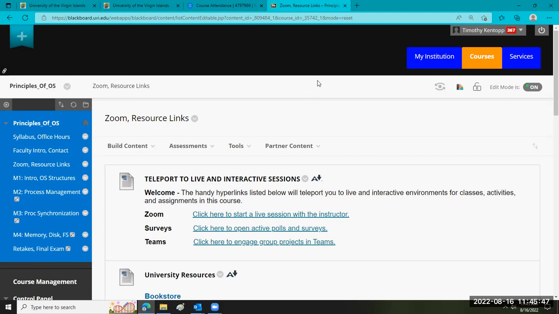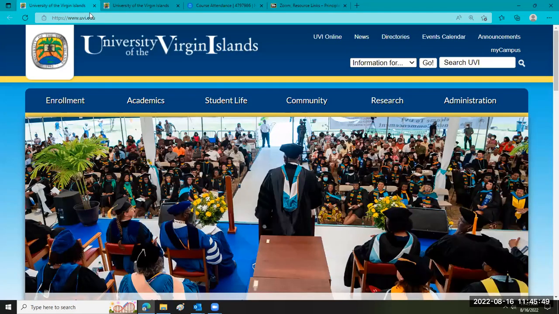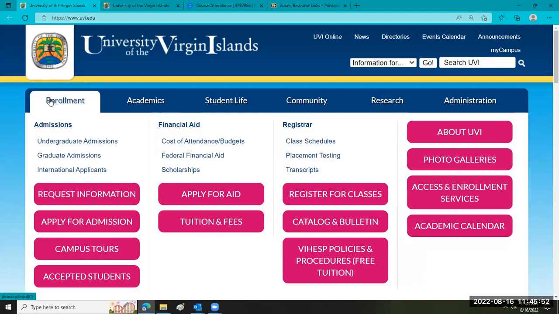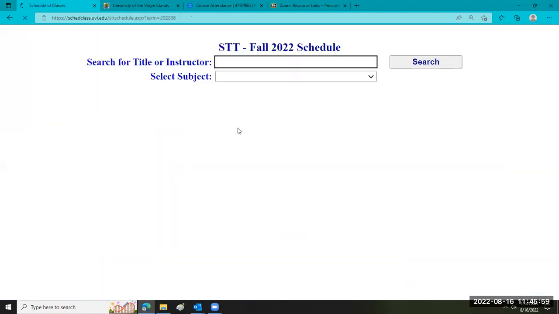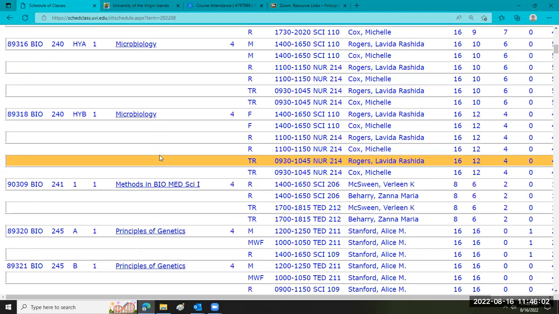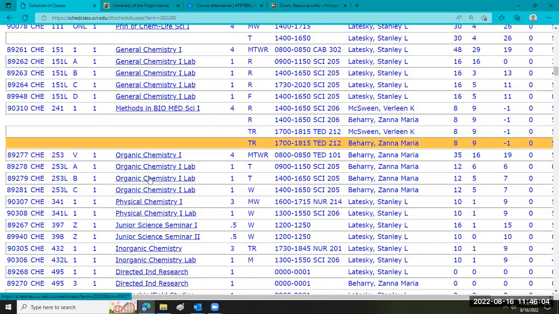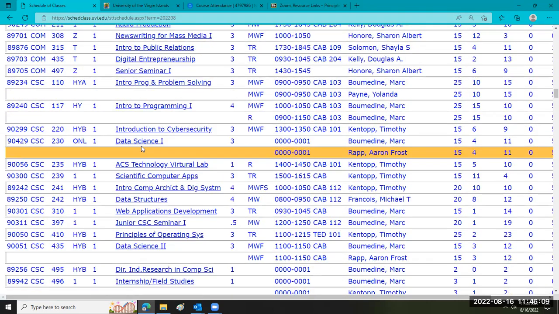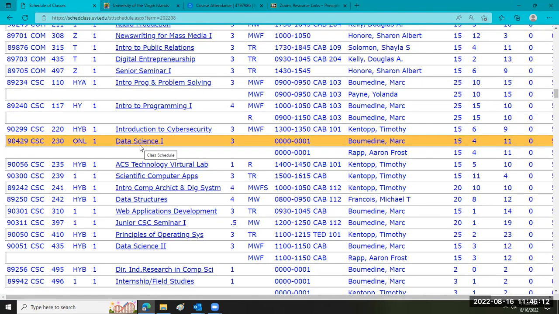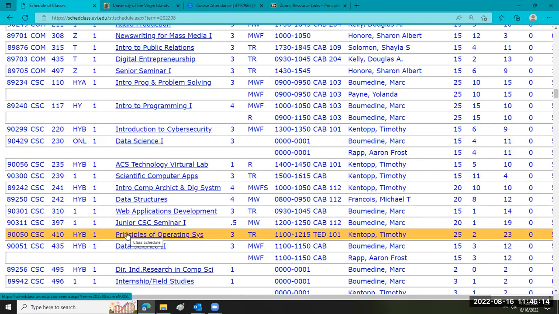Now I was told yesterday that CA 101 was out of commission, but that a number of the classes I teach for St. Thomas students would work out of CAB 103, and I told them to send me an update. The classroom for St. Thomas, though, for this course is the Teaching Education Building 101.